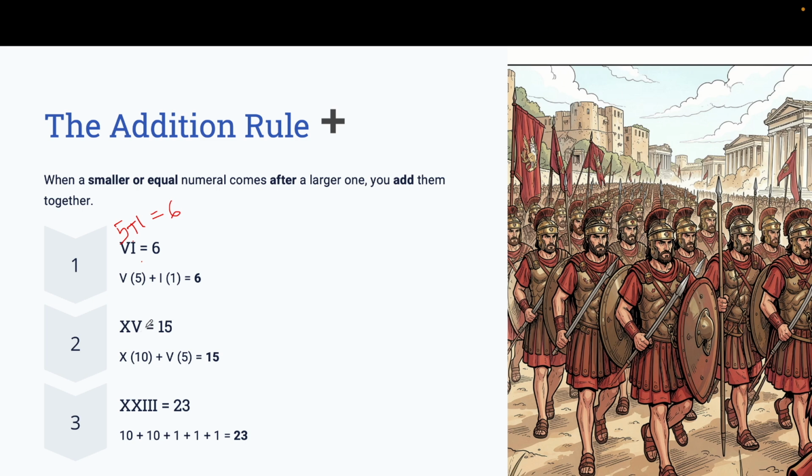X and V. X is 10, V is 5. When we add, it becomes 15. Double X, triple I. One X means 10, next X means 10, and triple I: first I is 1, second I 1, third I 1. So it becomes 23. Clear?